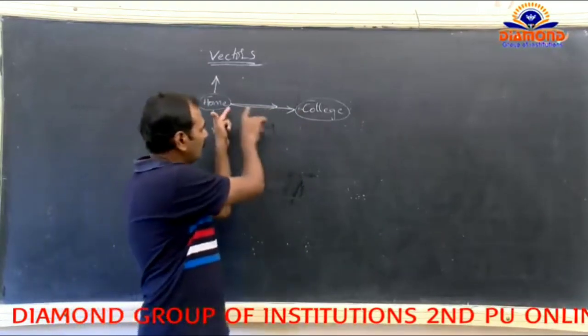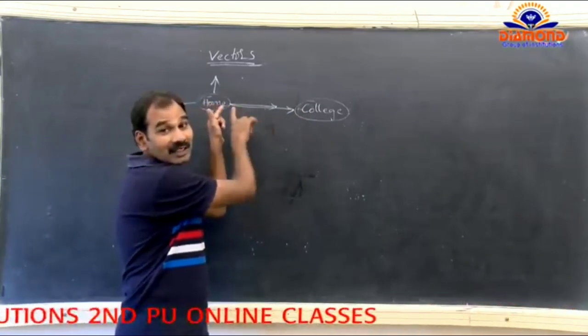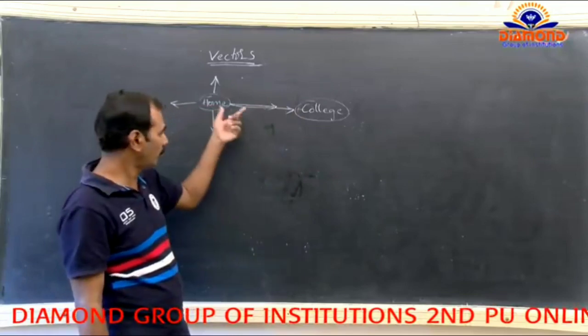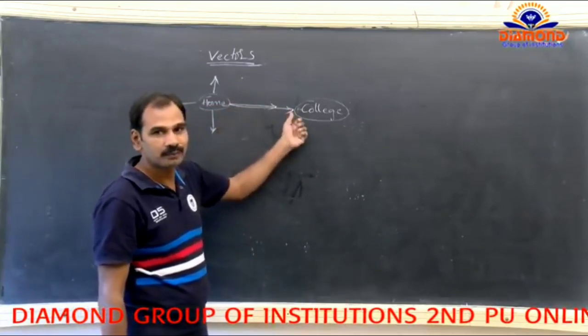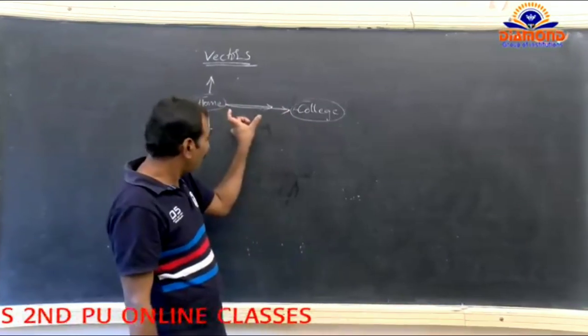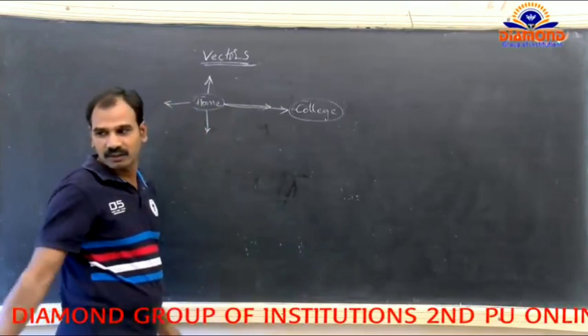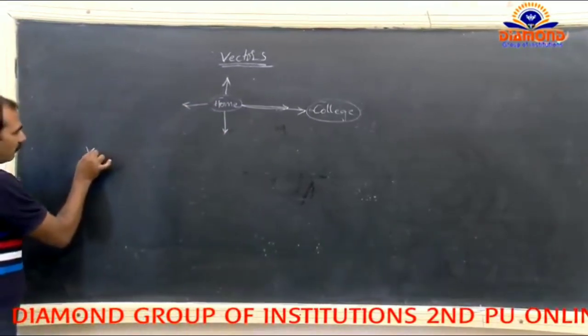So the direction as well as the magnitude, it means distance. So displacement and magnitude, these are both vector and scalar. So here, first of all, vector.